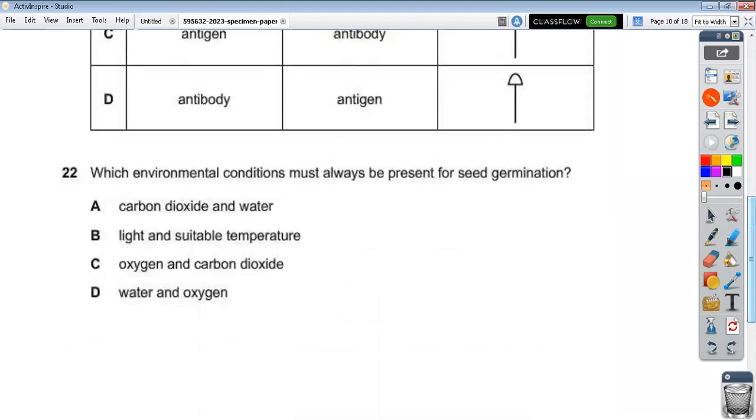Yes, clear. Which environmental condition must always be present for seed germination? Is it B?